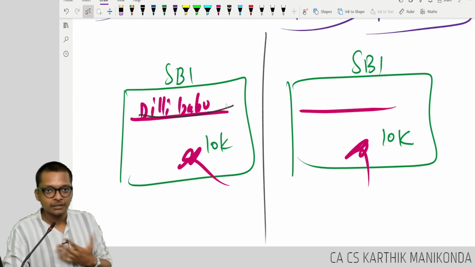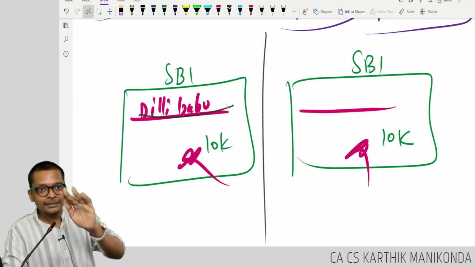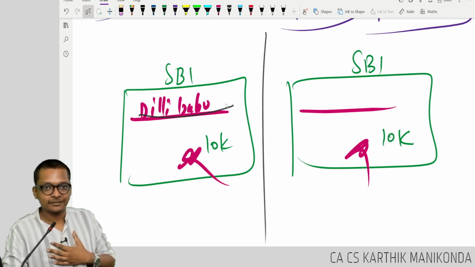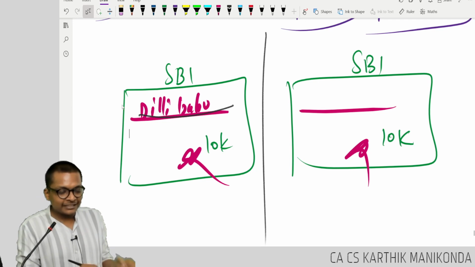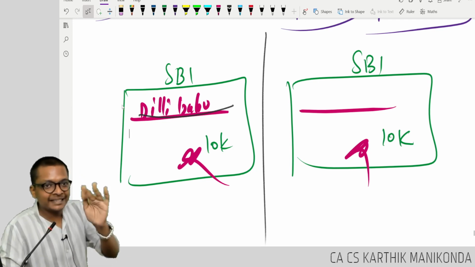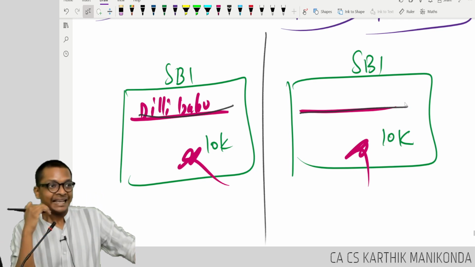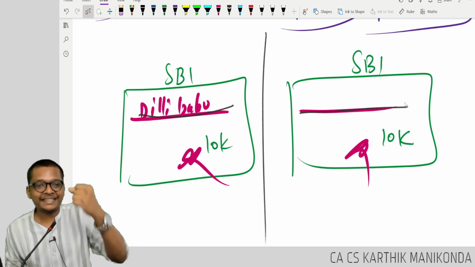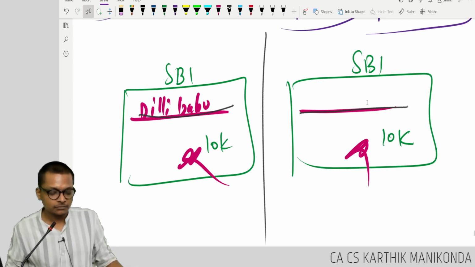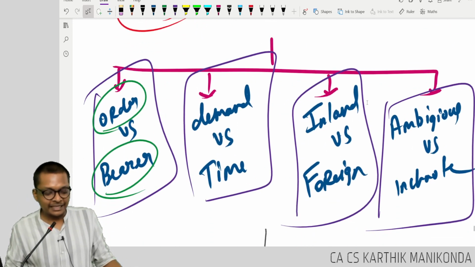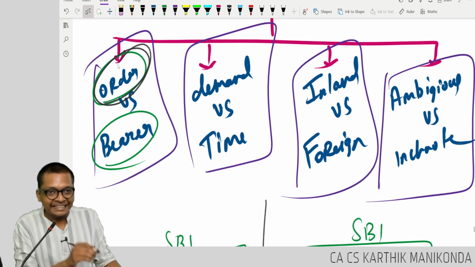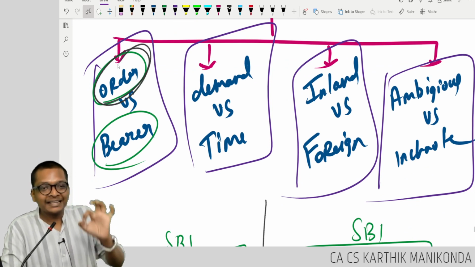Are you following? That I can't do. I gave to Dilli Babu; if Dilli Babu stole from Dilli Babu, I can't do anything. But whosoever name is there, they will only get that money. Blank check now: anyone can take the money. I will go to the bank, give this and take the money. Anyone can take. Correct? Dilli Babu's name is there, that is called order instrument.